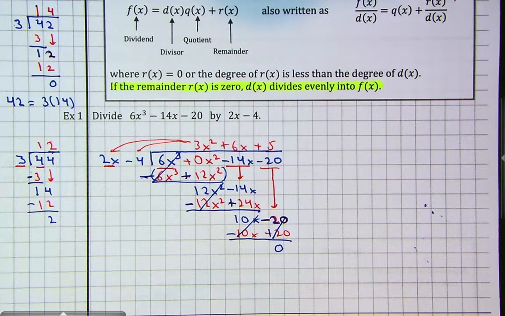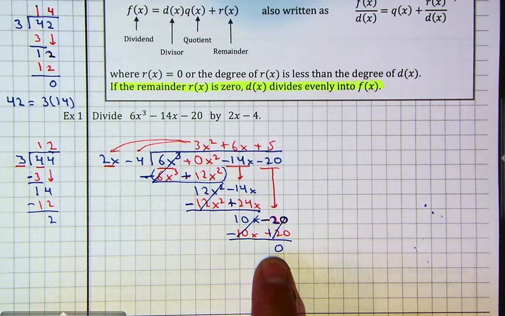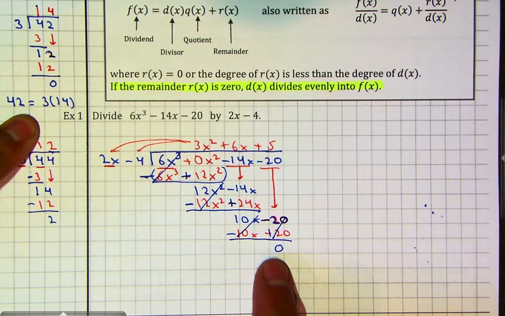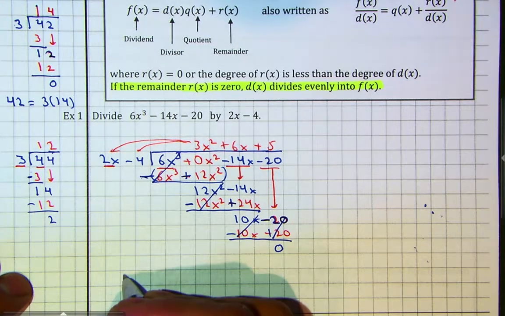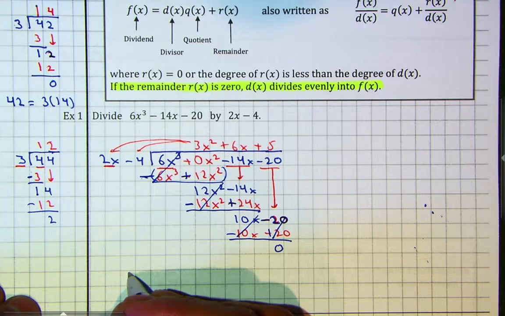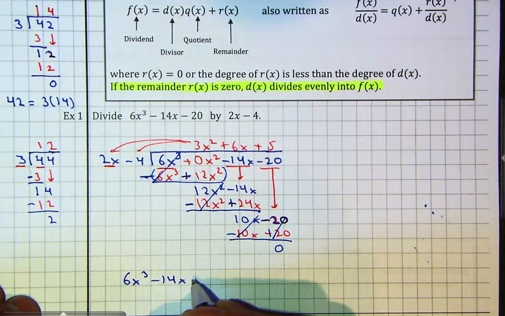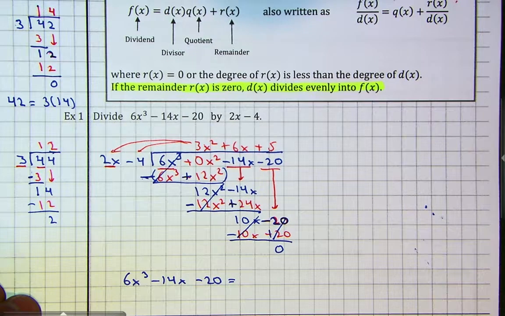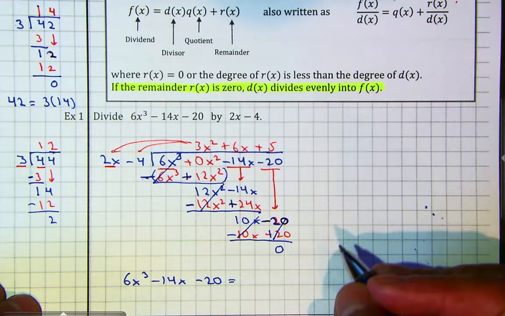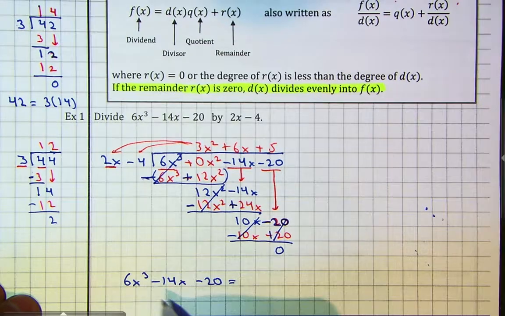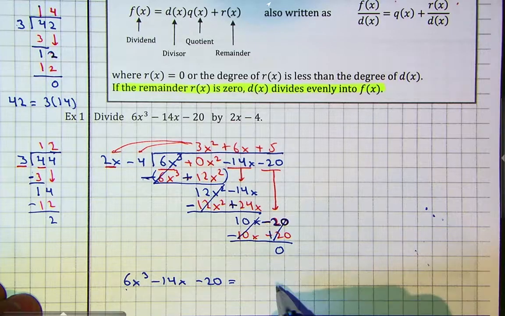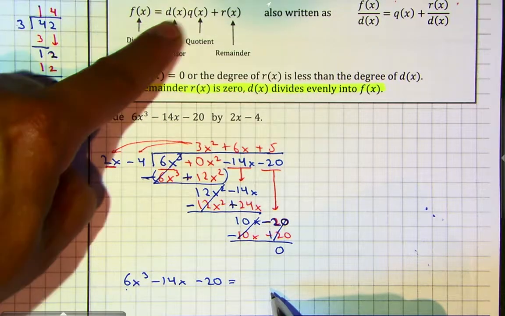So therefore, since this is equal to 0, I can rewrite it in this form, the same way that we did it. So I'm going to use this form to rewrite it. So therefore, I'm going to say that f of x, or 6x to the third power minus 14x minus 20 is equal to, I'm going to use my divisor times my quotient.